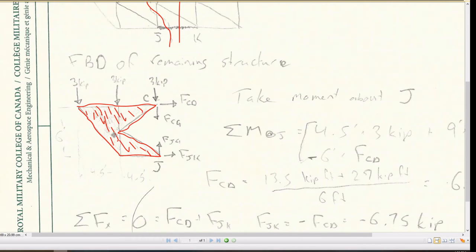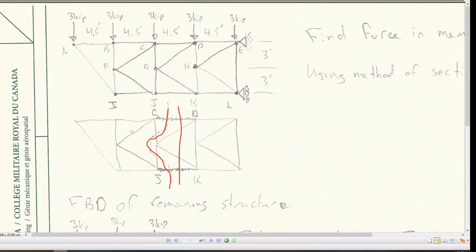Because this frame made out of these members pinned together would be a rigid body in and of itself. That's a rigid frame, so we can apply forces to it and still expect it to hold its shape.